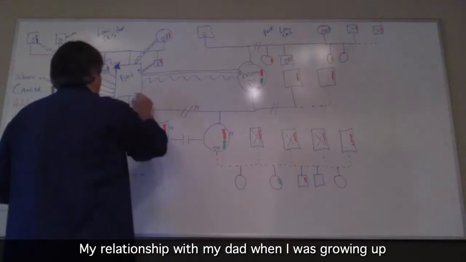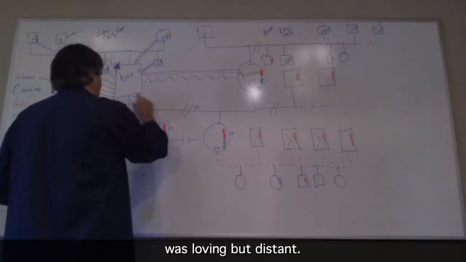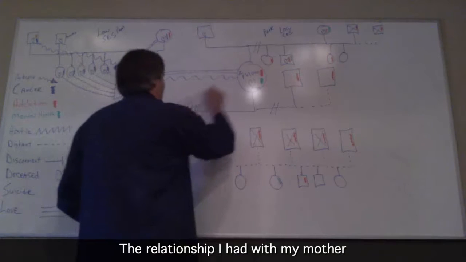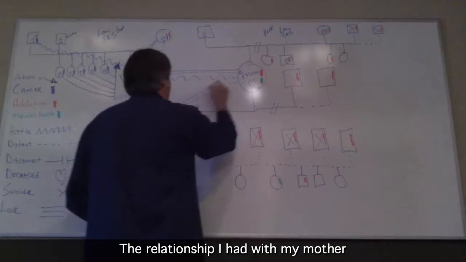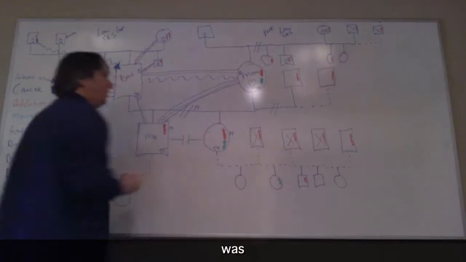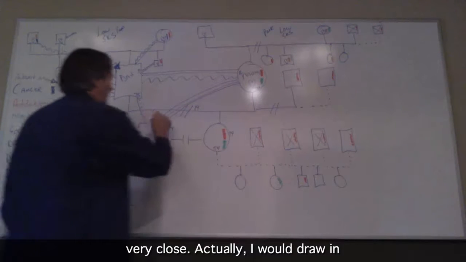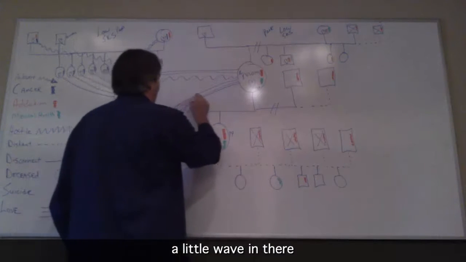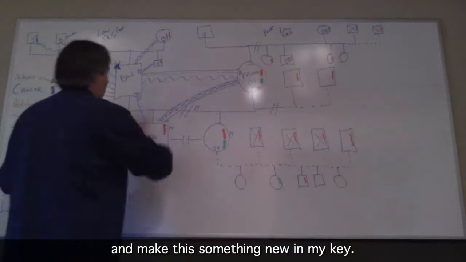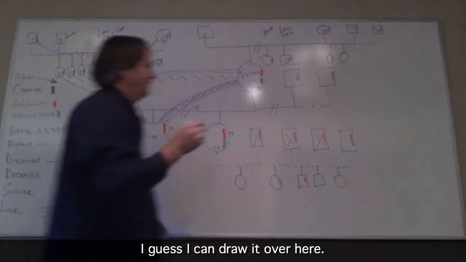My relationship with my dad when I was growing up was loving but distant. Now, the relationship I had with my mother was very close. And actually, I would draw in a little wave in there and make this something new on my key, because I can do it over here.